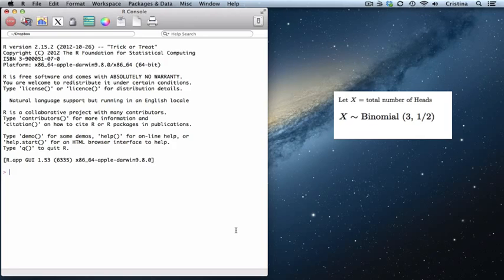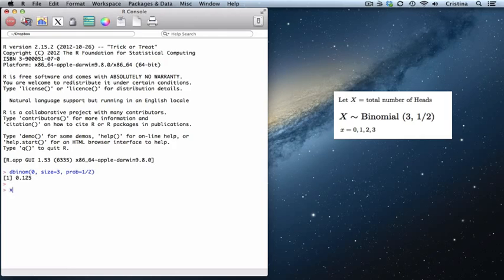Of course, we know that x can only take on values from 0 to 3, and they must be integer values, since it is a discrete distribution. To calculate the probability at any particular value of x, we can use the function dbinom, which stands for distribution binomial. For example, the probability that we observe no heads, so x is equal to 0, is 0.125, or 1 over 8.